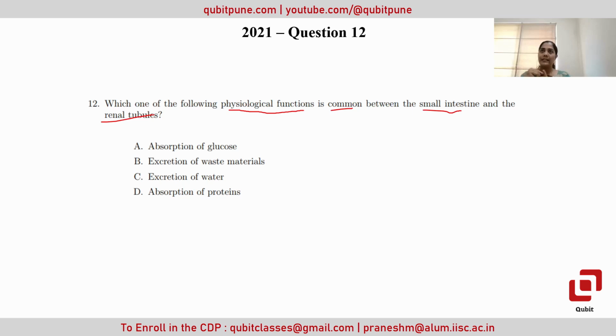One is from the digestive system, which is actually excluded from this year's syllabus. If you are referring to the 23-24 syllabus, they have actually discontinued the digestive system part. Still, we can find it in the 21 question, and the other is the excretory system, which is still in the syllabus. So if you know the function, the small intestine is the last part where the complete digestion process will be happening.